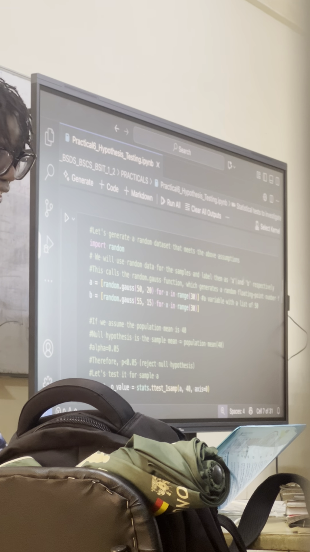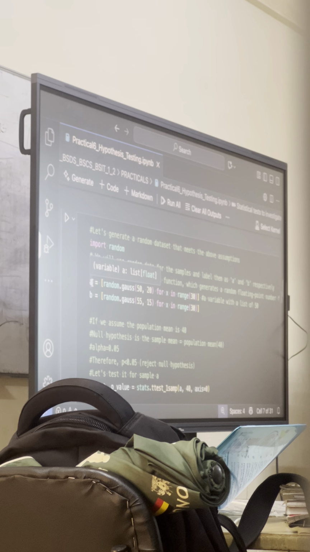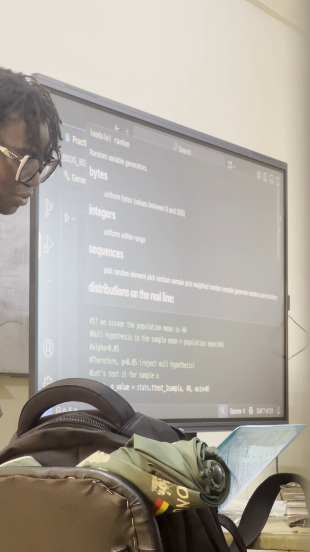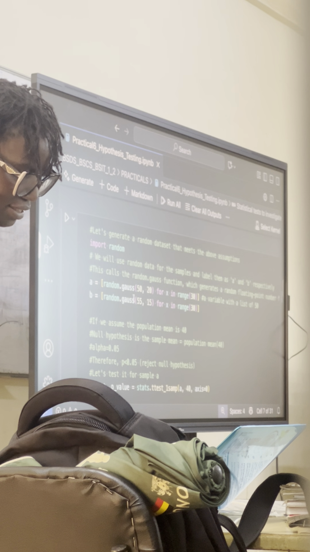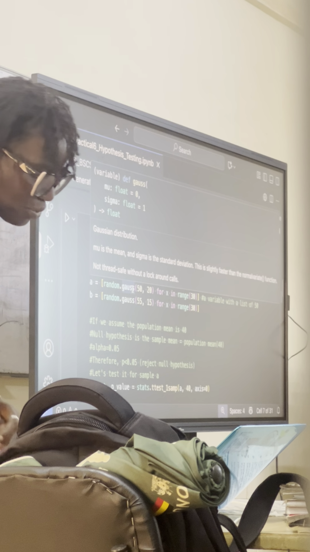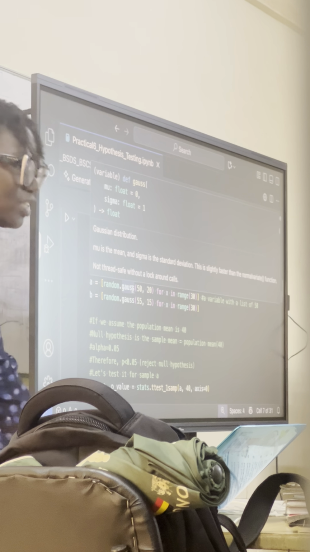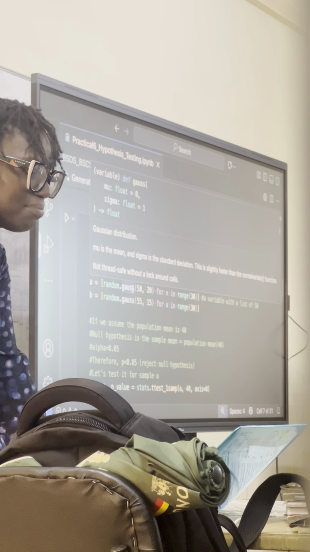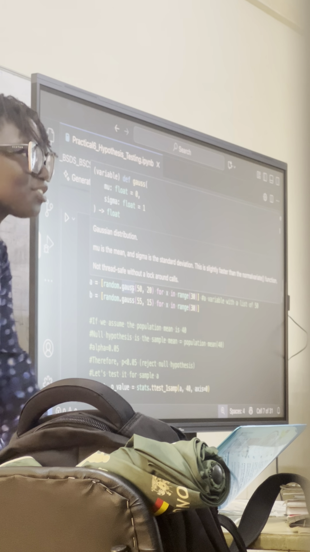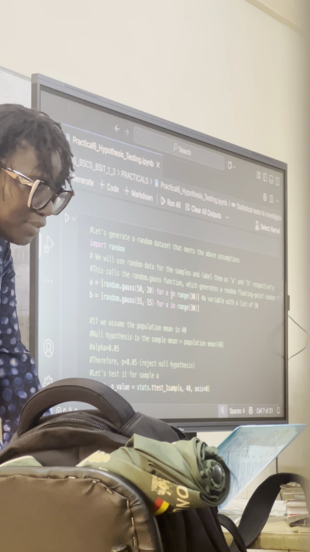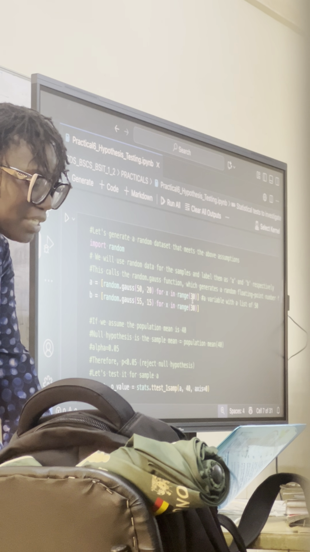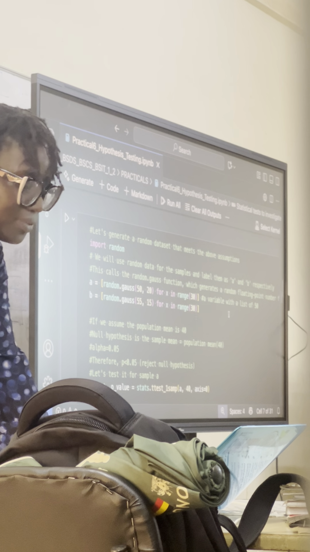We are having A and B. And in A, which is now our variable or a list of samples, we are using the random library dot gauss to ensure that these samples are in a Gaussian distribution. Okay. So here it will apply its own means and its own standard deviations that are default for it to be normally distributed. And we're ensuring that the range remains within 30 samples. Okay.